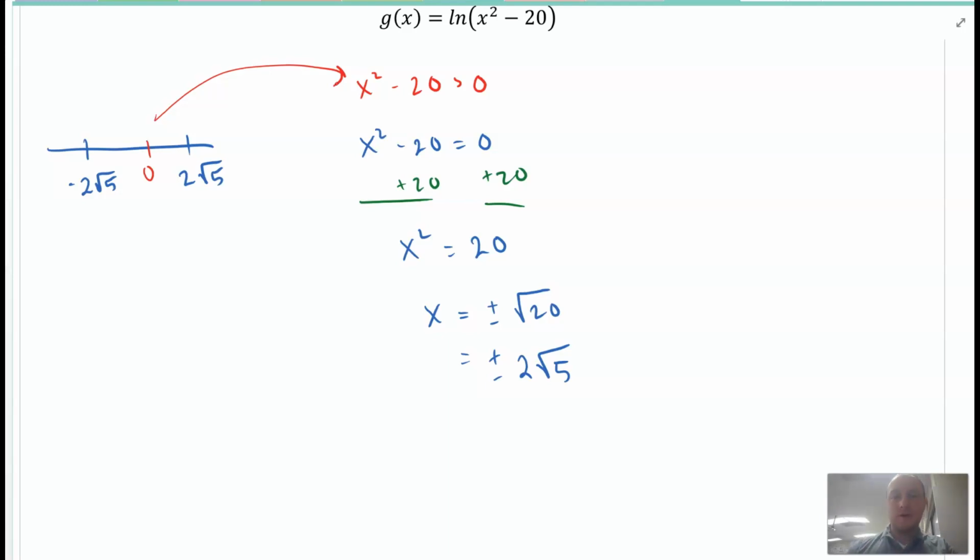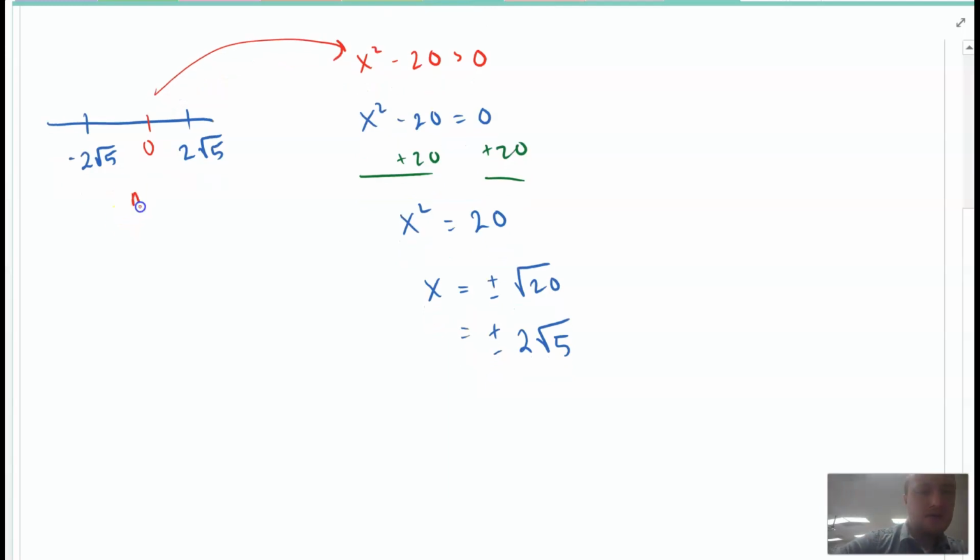And this is false, right? Negative 20 is not bigger than 0. So we know that this is not the solution region. I'm going to have negative argument values here, and on the outside, I will have positive argument values. Okay, so that's our restricted domain.